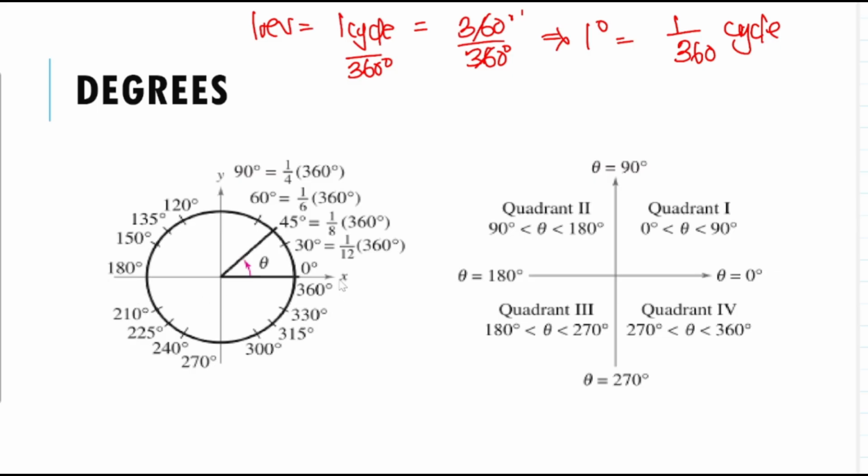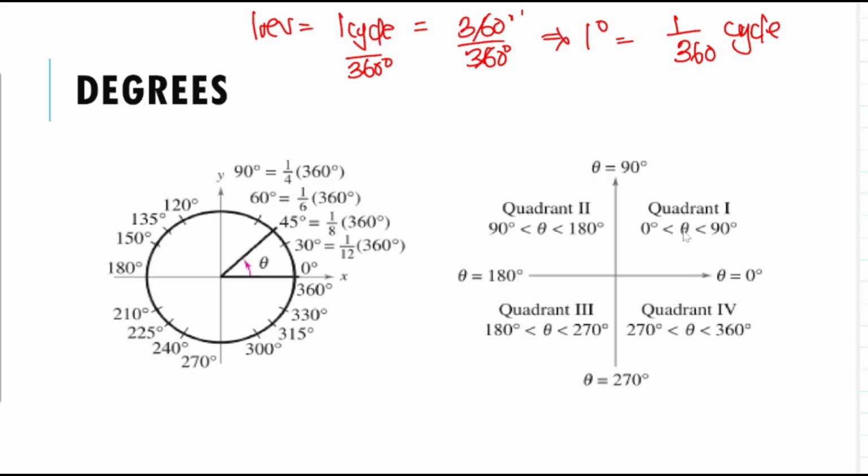The angles on the axes are 0, 90, 180, 270, and 360 degrees. You start from 0 and end at that same 0, but when you end there, it becomes 360 degrees. If we divide it into 4, we have four sets of 90-degree angles. Then we have the first quadrant, the second quadrant, the third quadrant, and the fourth quadrant.